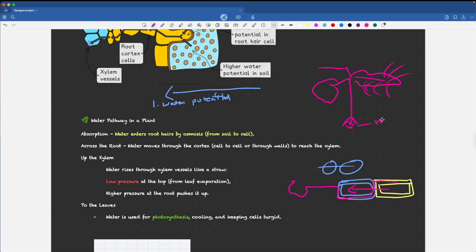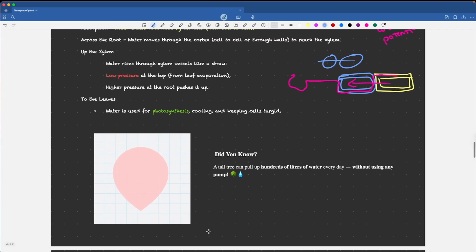Xylem has higher water potential, so this part has lower water potential and thus lower pressure. You can also say it in pressure terms: it has lower pressure here, higher pressure there. So water will move from higher pressure to this lower pressure. This is very simple.